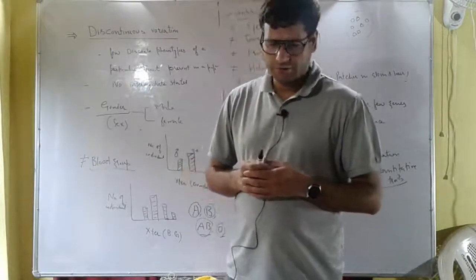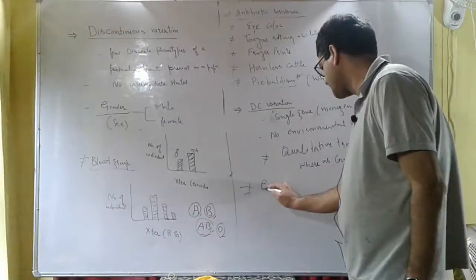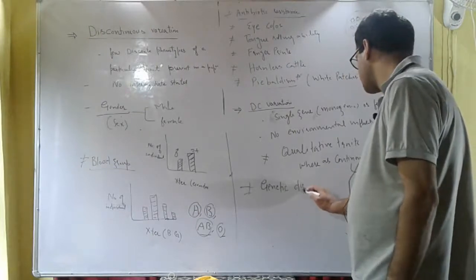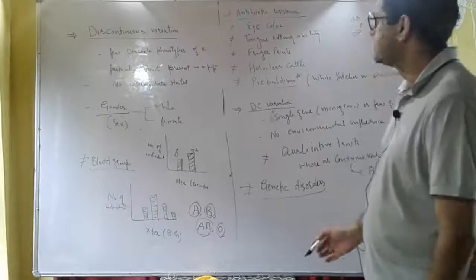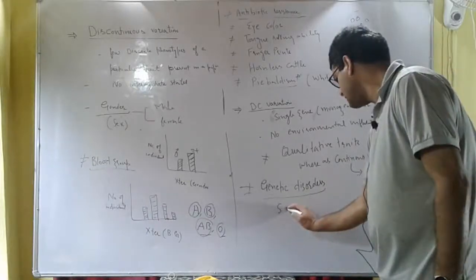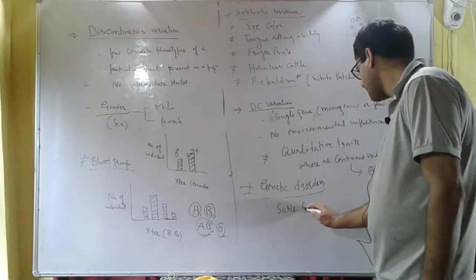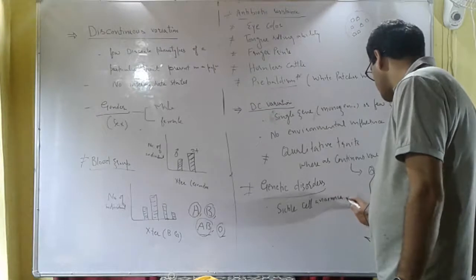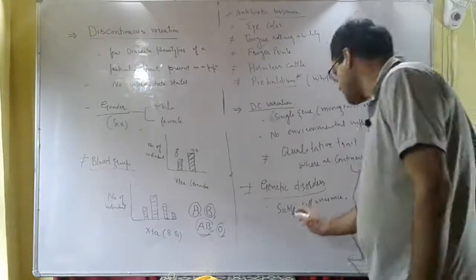Then another important feature is genetic disorders, for example, sickle cell anemia, albinism and color blindness.